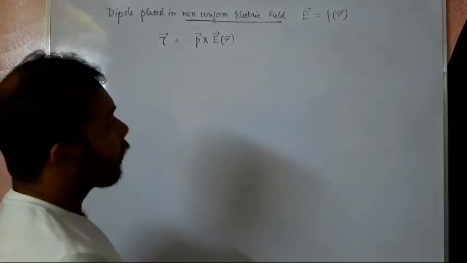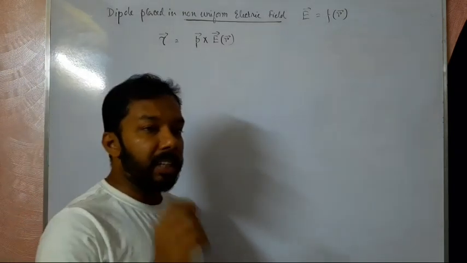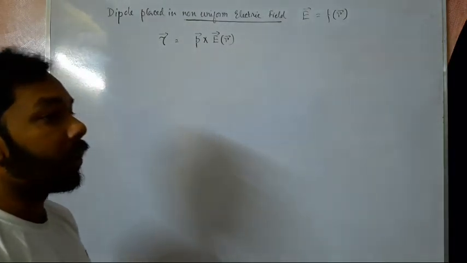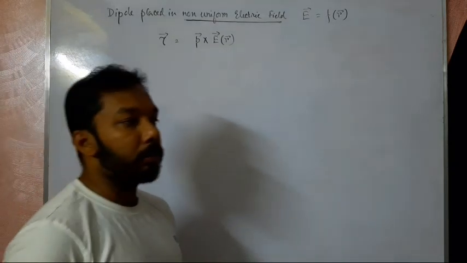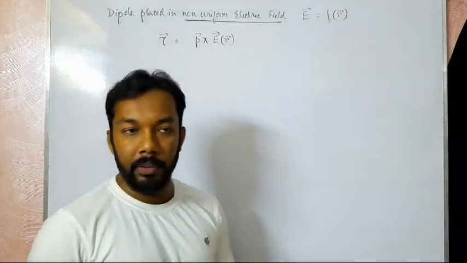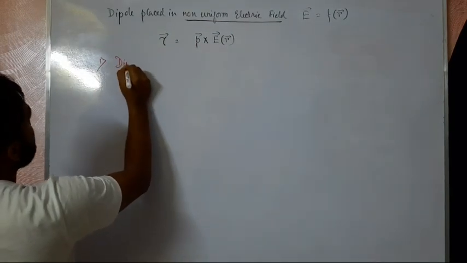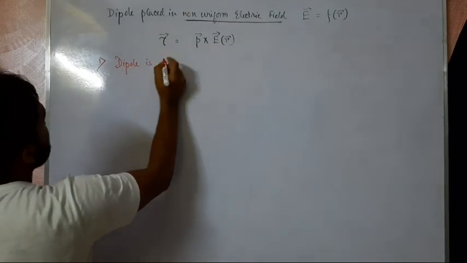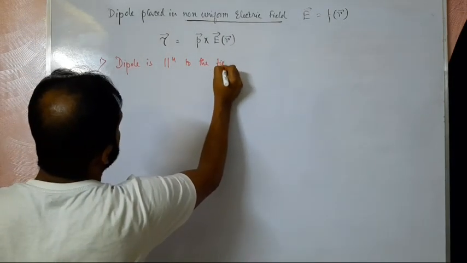the cross product. But here we will discuss two special cases, when the dipole is placed parallel to the field and anti-parallel to the field. Number one, dipole is parallel to the field.